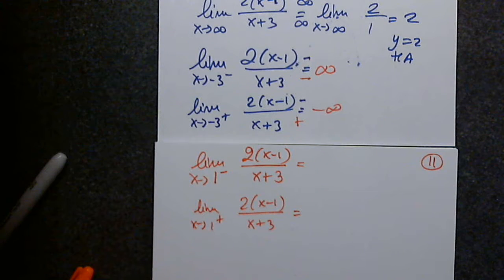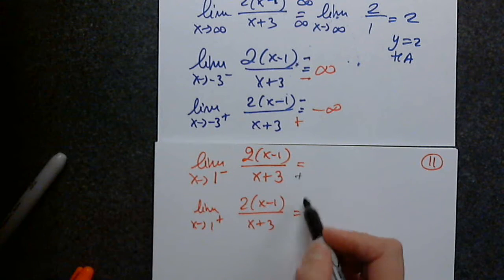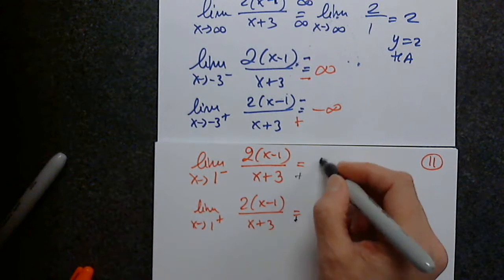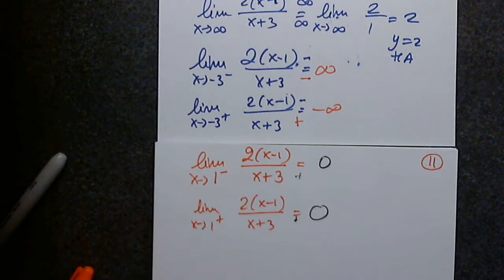The answer is for both. How much? Yes, positive for the denominator, that's fine. Okay. Exactly 0. Exactly 0. So the hole is 1 comma 0.